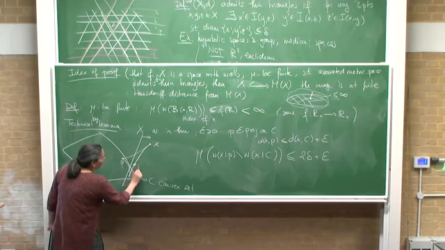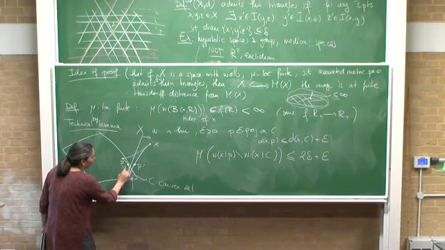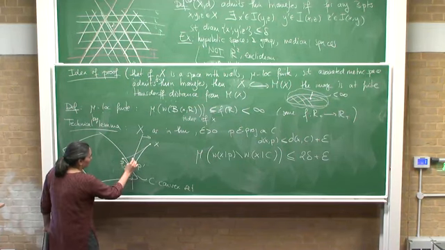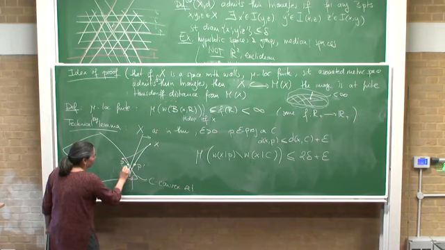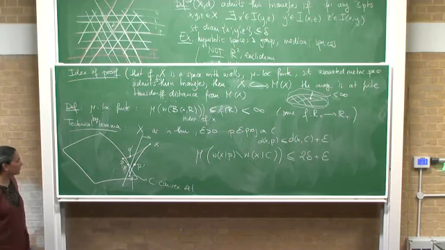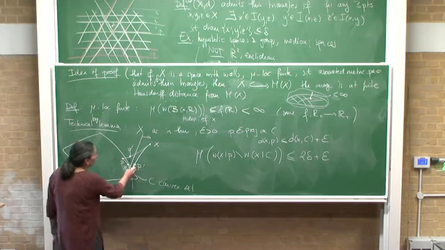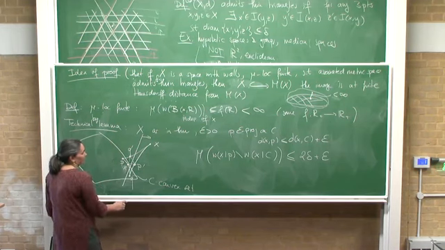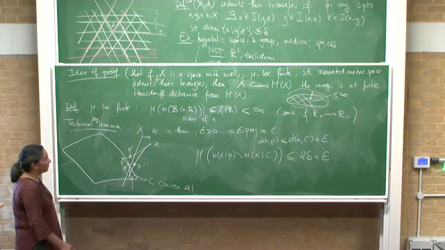So you will find a point P prime here, a point Q prime here, a point X prime here. By thinness, all those are close.